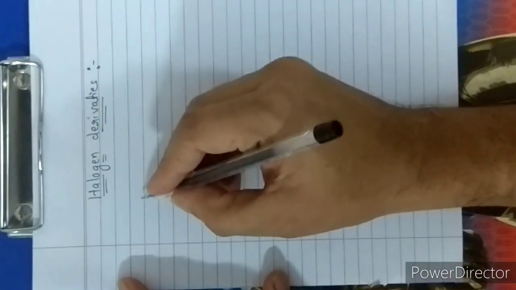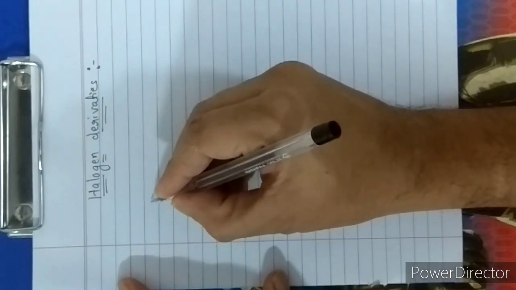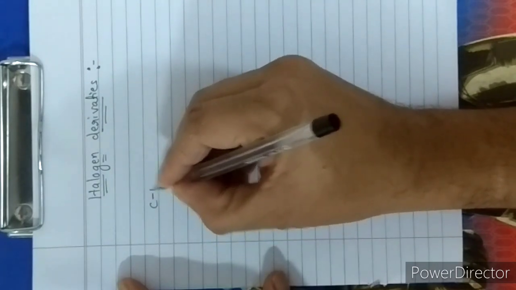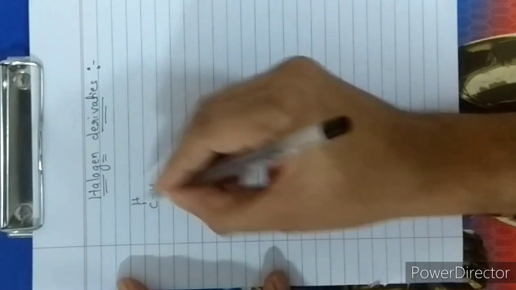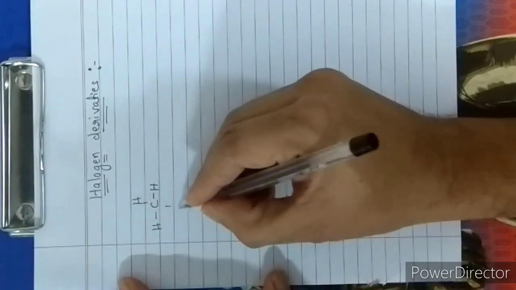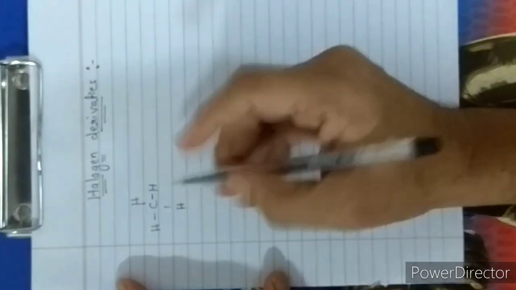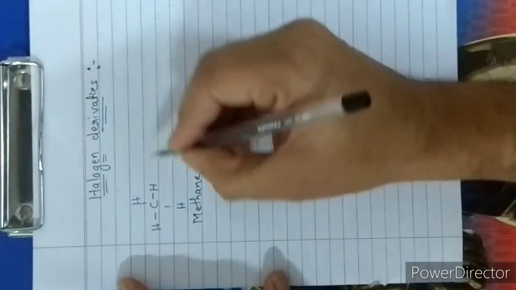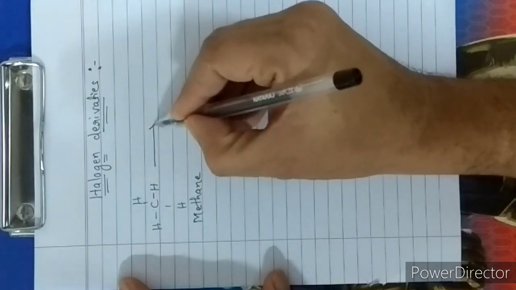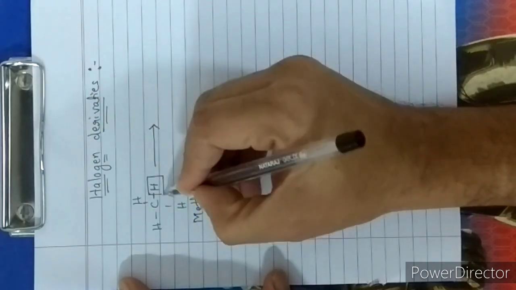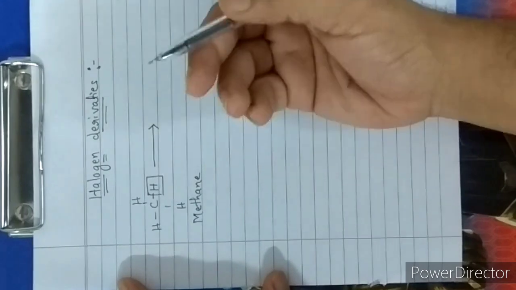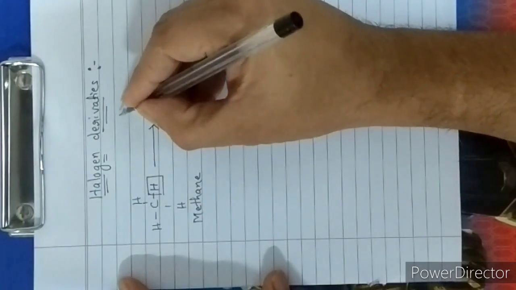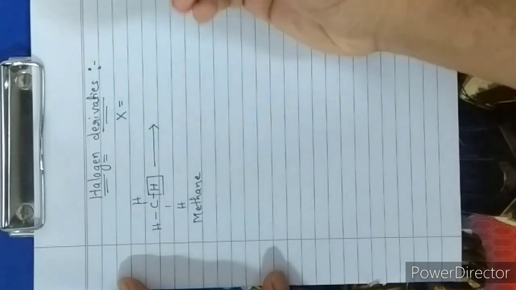Suppose I take one compound, that is methane. Methane is CH4, right? This is methane. Now, if I replace one of the hydrogens by some halogen, right? Now, what is halogen? Halogen will be represented as X, right?